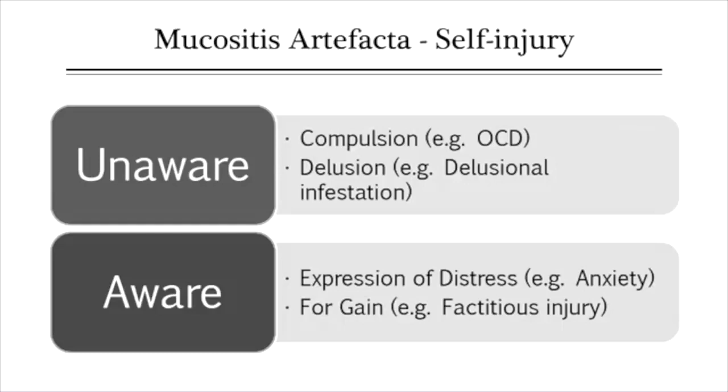And then the last category is that they may be doing it for gain. These are syndromes where the patient is probably not purposely choosing this mindset, but feels that they will be better off if they are sick or unwell or seeing doctors.